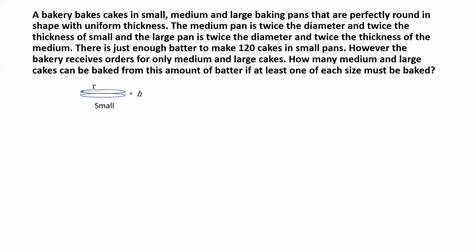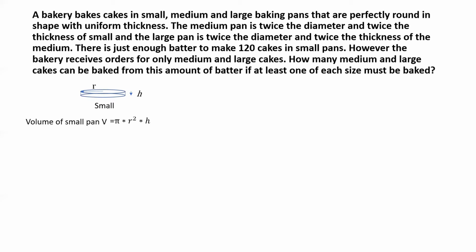So let that be h, and let the volume of the small pan be V. So we can write V equals pi r squared h, which is the standard formula for cylindrical volumes: the cross-sectional area, the area of the circle, pi r squared, multiplied by the height or thickness.